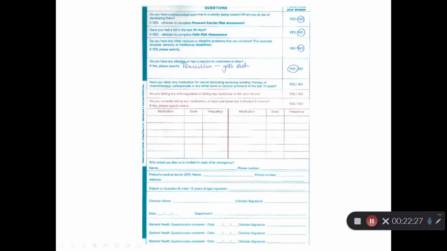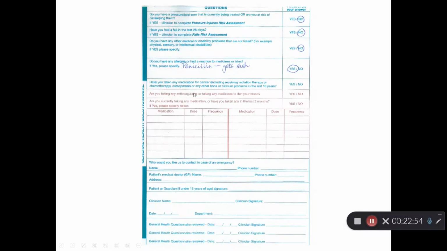So for somebody with radiation therapy, we want to make sure that we're not going to expose them to osteoradionecrosis by extracting a tooth in the radiation site, if it's in the head and neck region that they've had radiation therapy. Okay, so it's very important that we get that information accurately.